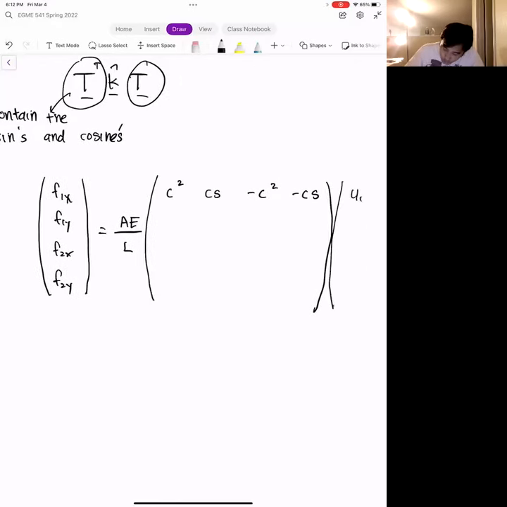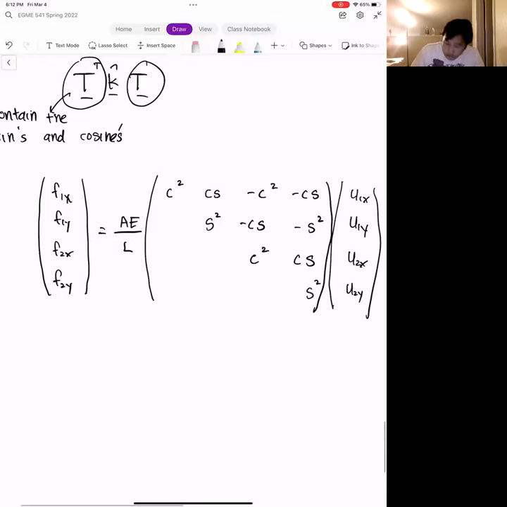This is U1x, U1y, U2x, U2y. Then we have a sine squared, we have a minus cosine sine, we have a minus sine squared, cosine squared, cosine sine, sine squared.